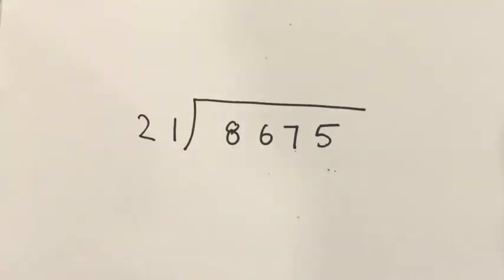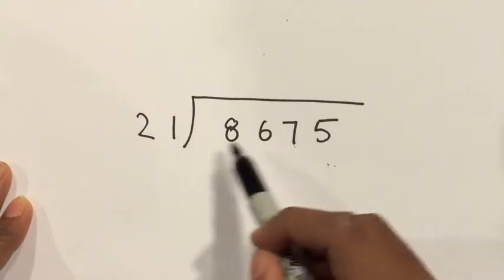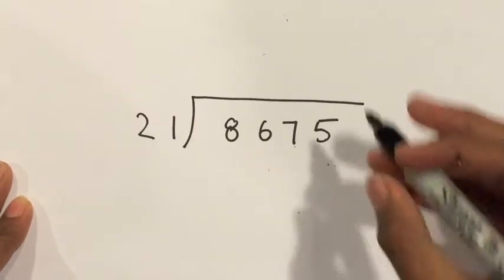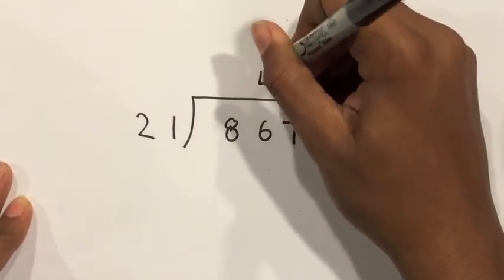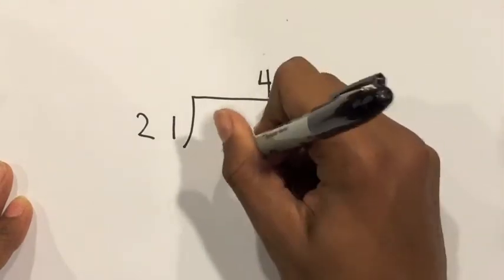So here we have 8,675 divided by 21. So let's try to solve it together. So 21 goes into 86 4 times. So I'm going to put a 4 right here. Right, 84.